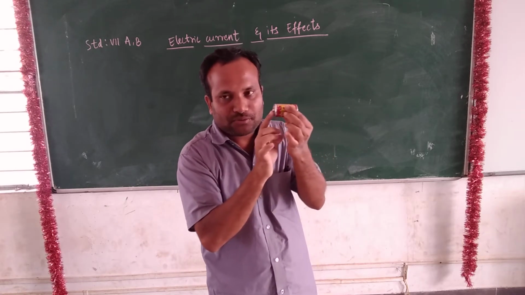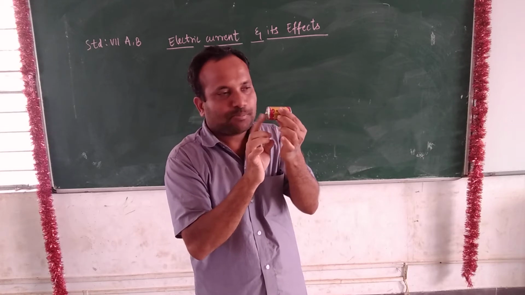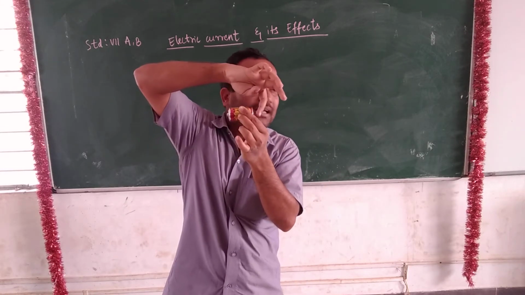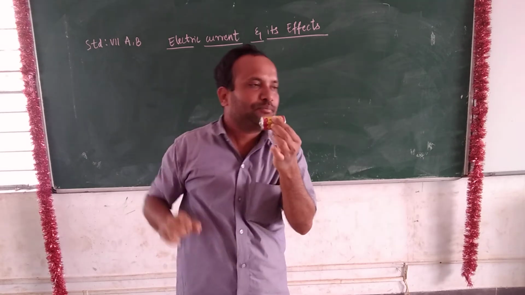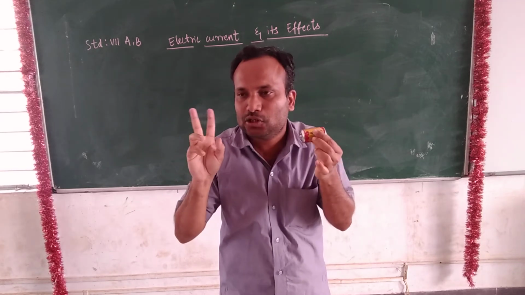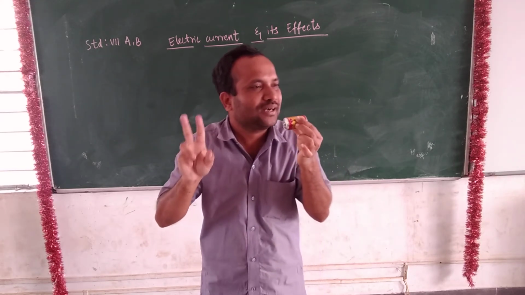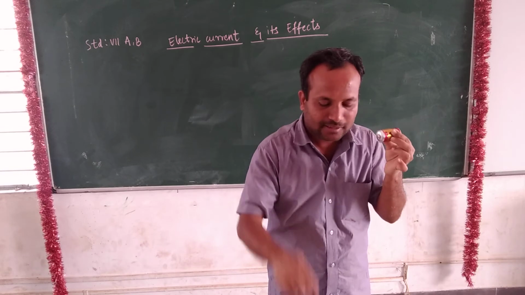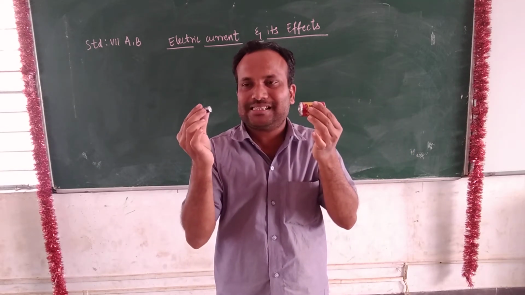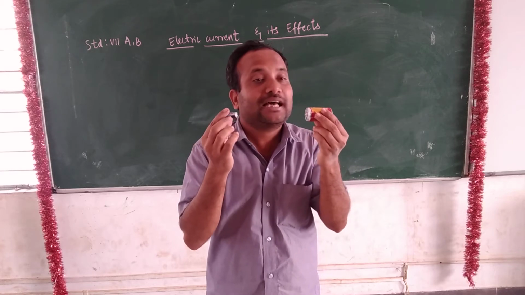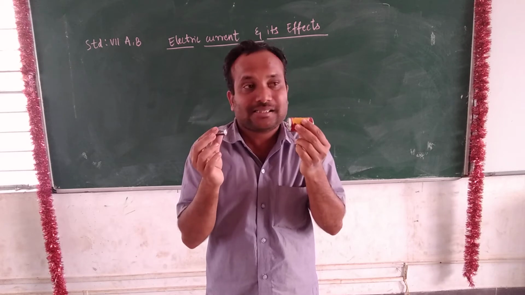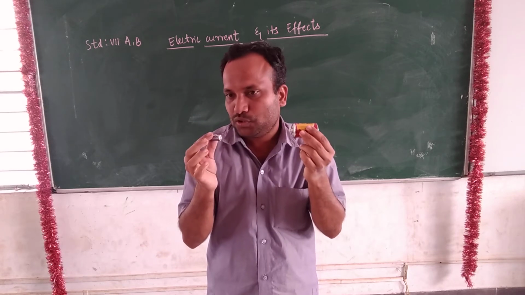This point we call the positive terminal. Okay. So this positive terminal and negative terminal are called the two terminals of a cell. So a cell, another cell, if they are connected, two cells are going to make a battery.